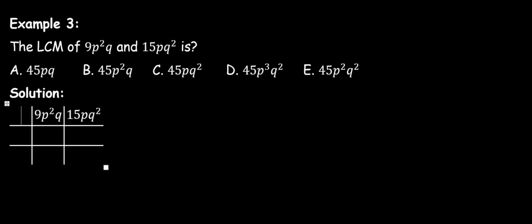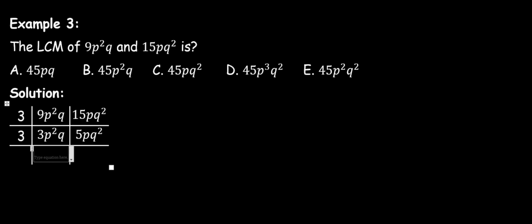Now, we may choose to start from the numbers, prime factors. The lowest number that can go here is 3. You take 3. 3 divide 9, you'll be left with 3p²q. Then 3 divide 15pq², you'll be left with 5pq². We can still apply 3 again, since we are dealing with LCM.